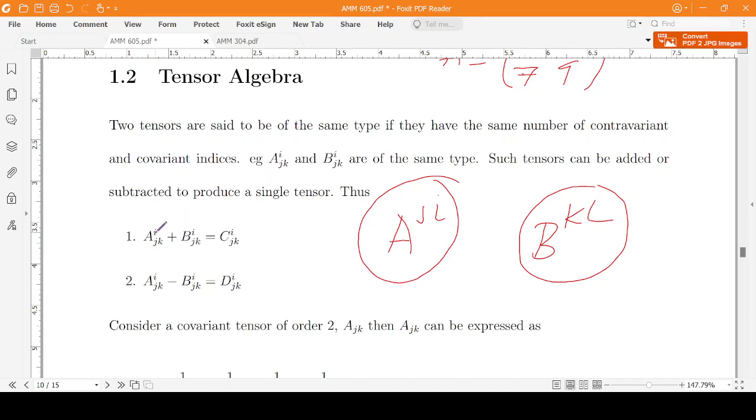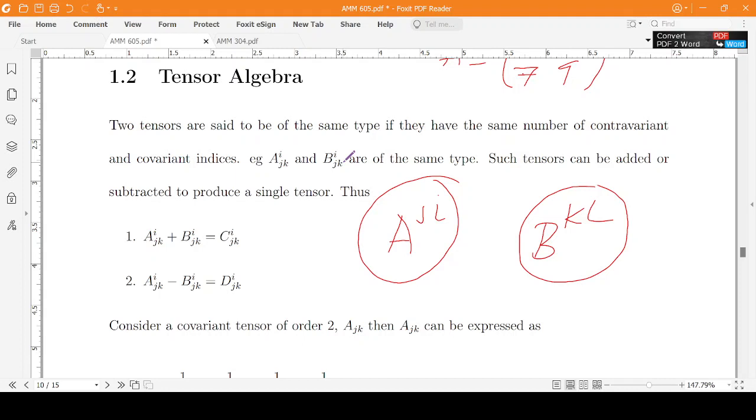So when we write, for example, A^i_jk and B^i_jk, we look at the number of contravariant indices. A has one contravariant index, B has one contravariant index. A has two covariant indices, and B also has two covariant indices. So these tensors are of the same type.